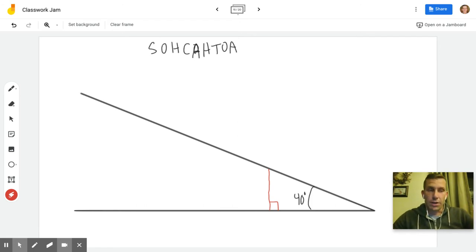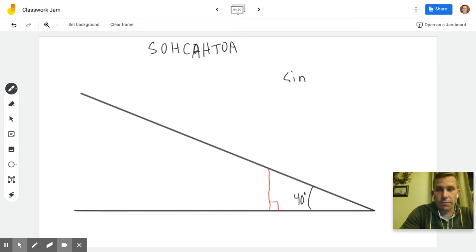Like if our angle is 40 degrees, for example, the ratio between this side length right here and this hypotenuse will always be the same. And that's what sine is. So the sine of 40 is opposite over hypotenuse, and I'll call this x and y in this case. So x over y.